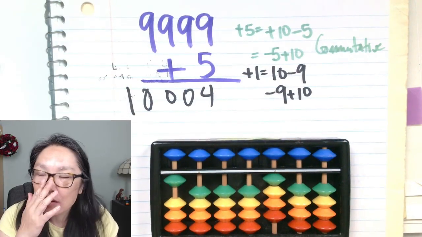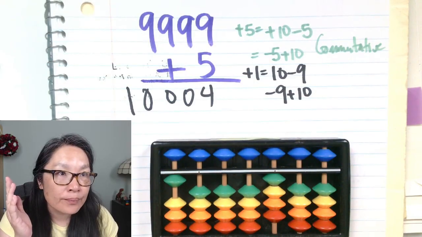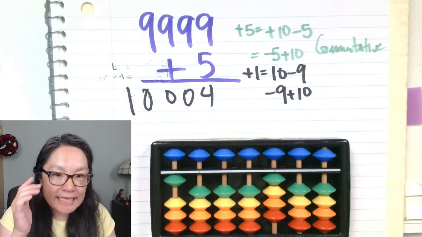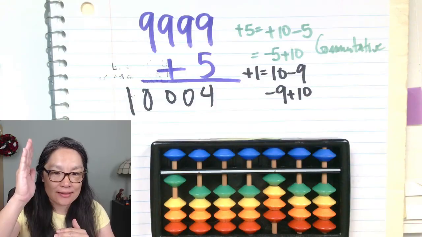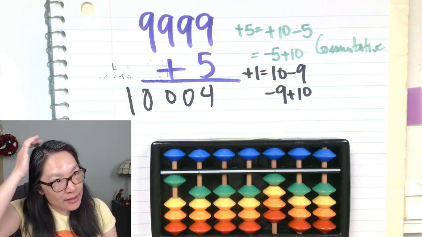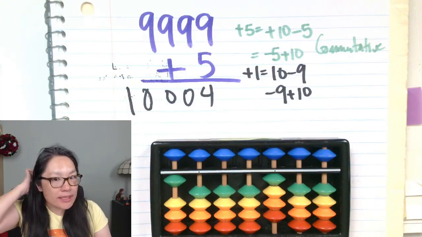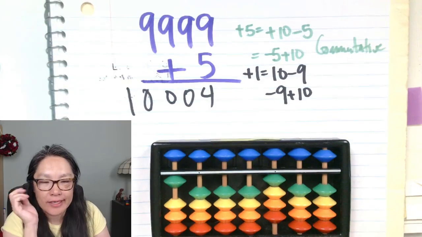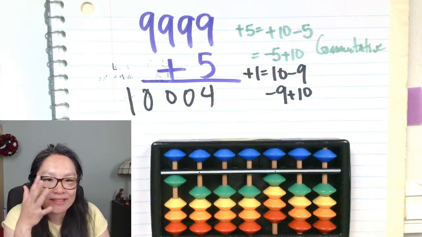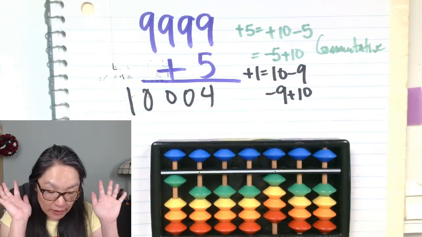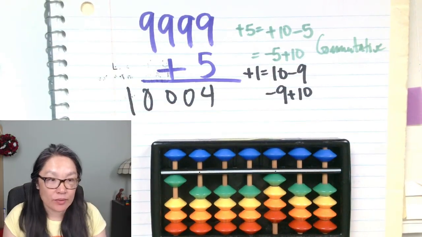There's that one world record, and he did 100 add-ins. I don't think he did takeaways. He did 100 add-ins in less than, I don't know how much. But he did a world record, and he did it the Abacus way.